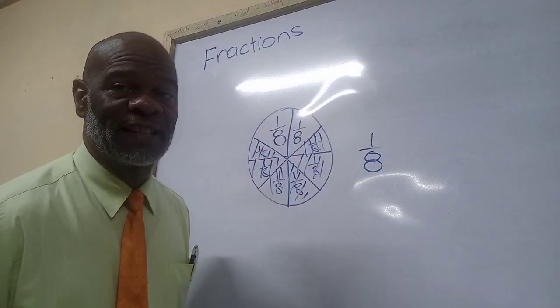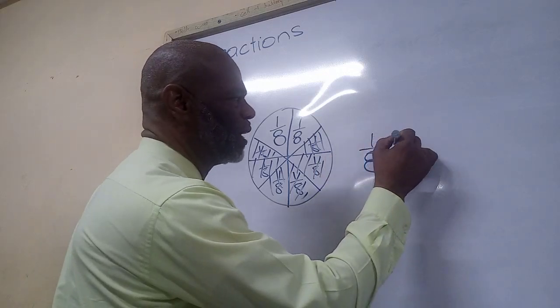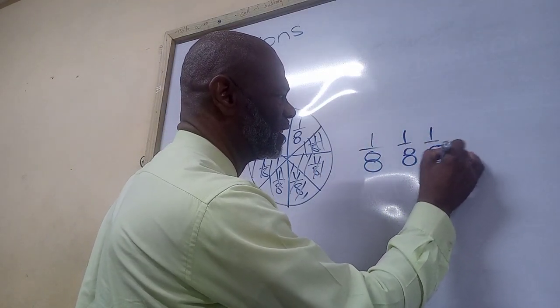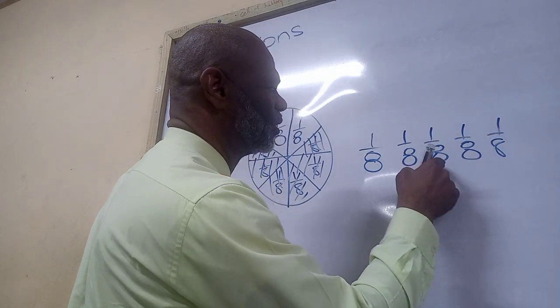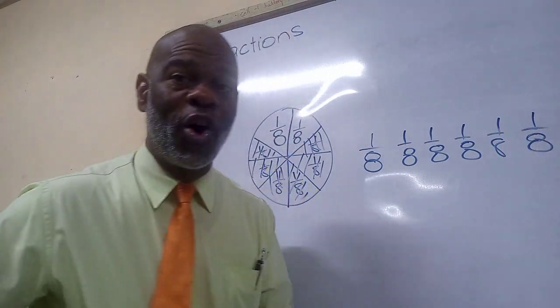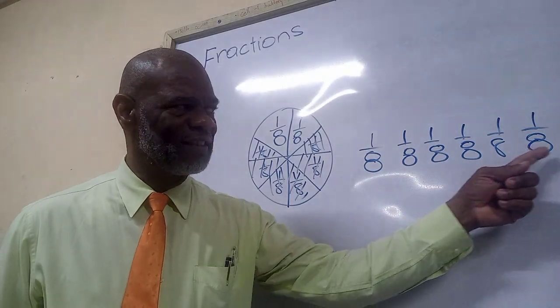Each slice is 1/8. Now, how many 1/8s do I have there? 1, 2, 3, 4, 5, 6.